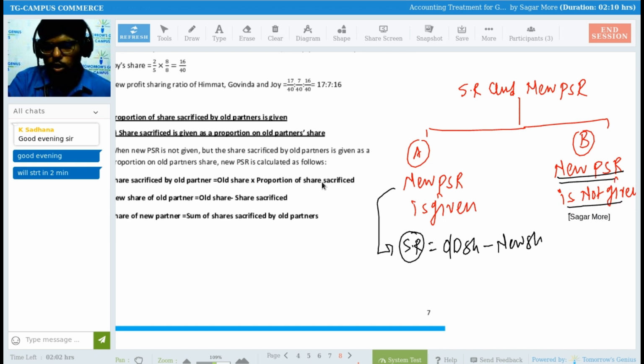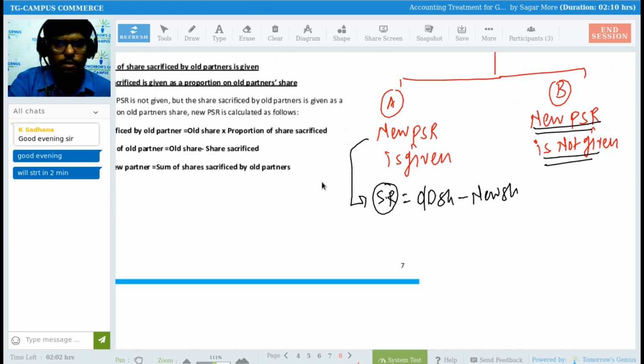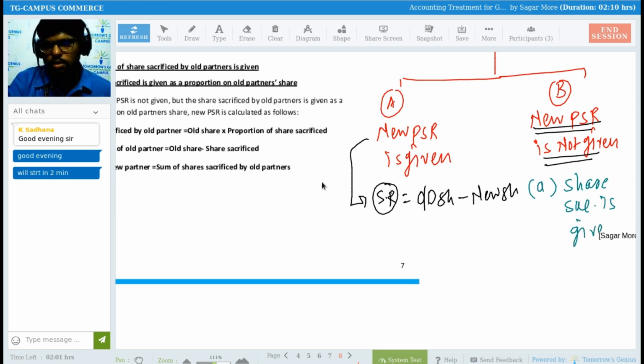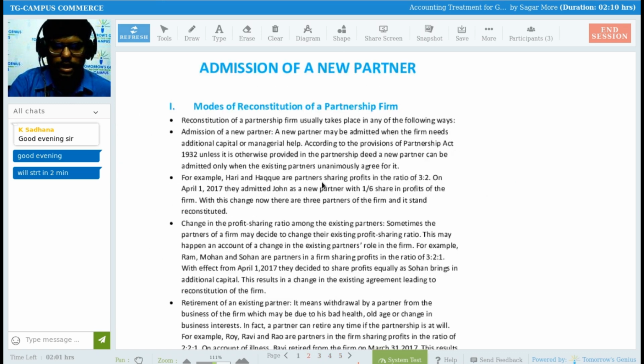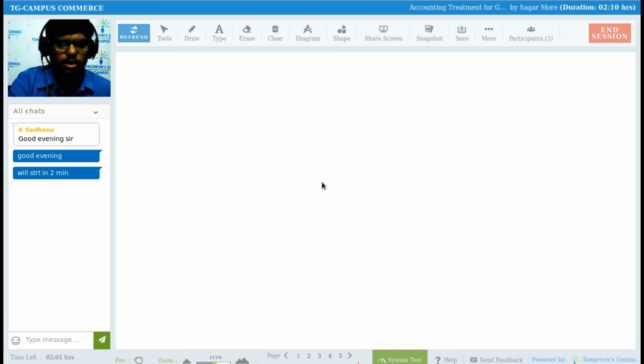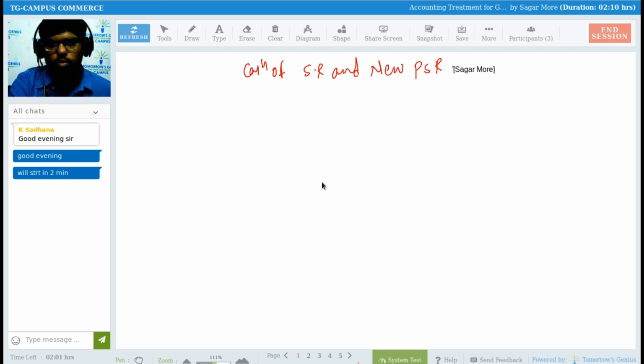But if new PSR is not given, then what are the different cases? If new PSR is not given, the first case is share sacrifice is given. Once again, I can write neatly here on the first page regarding the calculation of sacrifice ratio and new profit sharing ratio, what we covered so far.